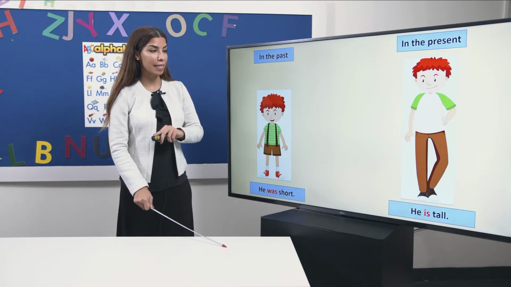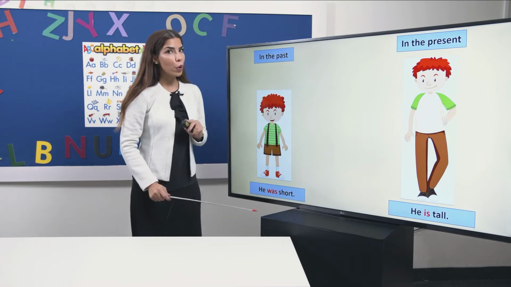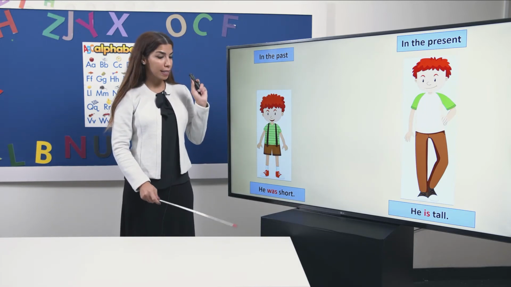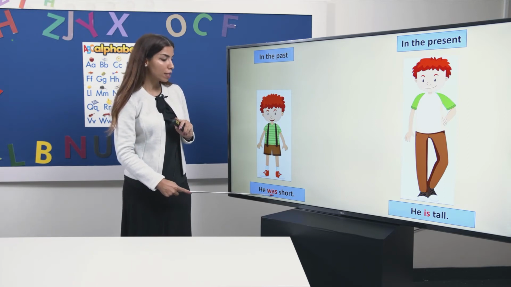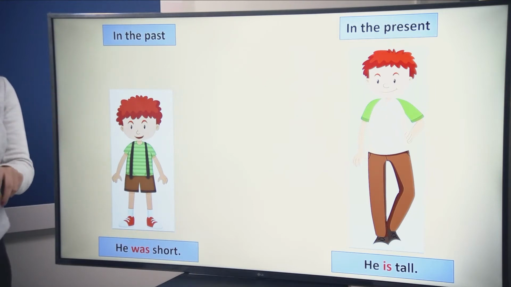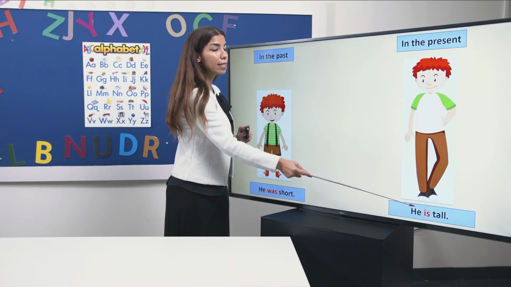Now, in the present, he is tall. So, again, when we are describing someone in the past, we use was. He was short. And when we are describing someone in the present, we use is. He is tall.